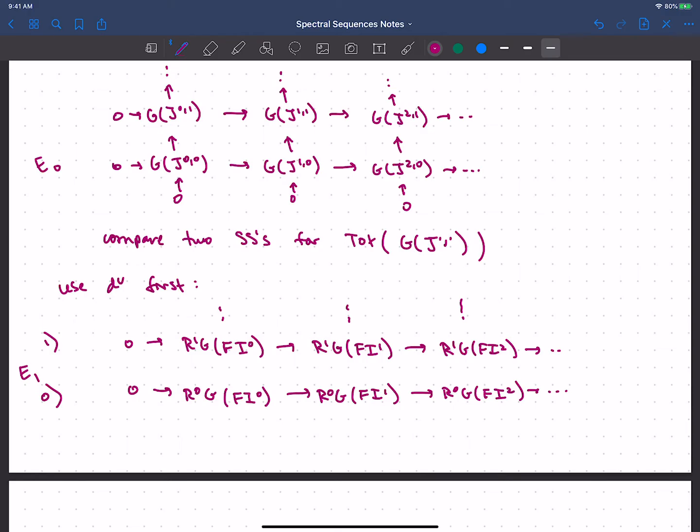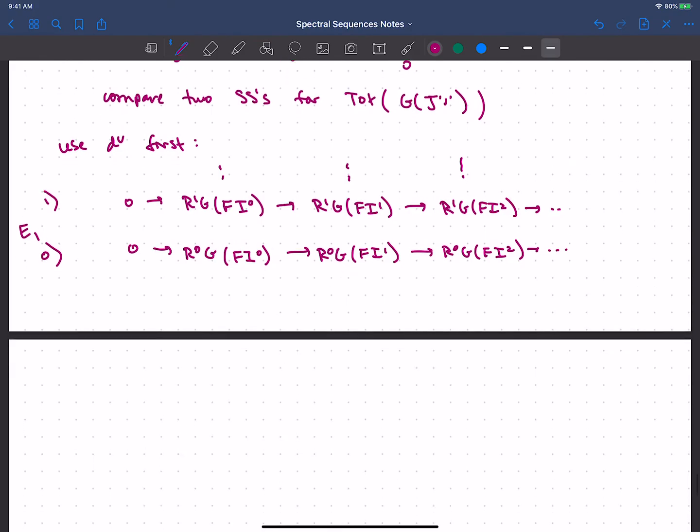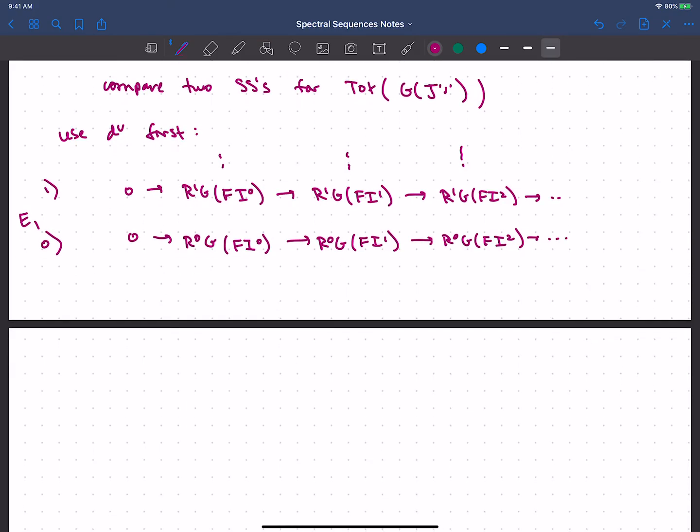And now I need to remember who does what. Our F takes injectives to G-acyclics. Remember that hypothesis. So when I look at these higher right-derived functors of G, each one of these is applied to F applied to some injective, right?